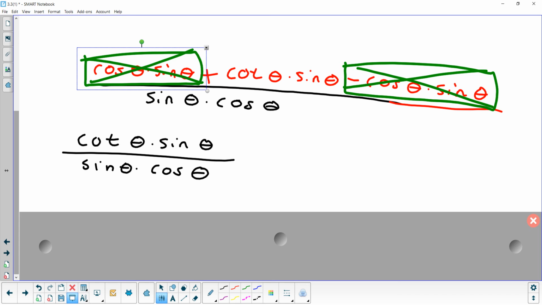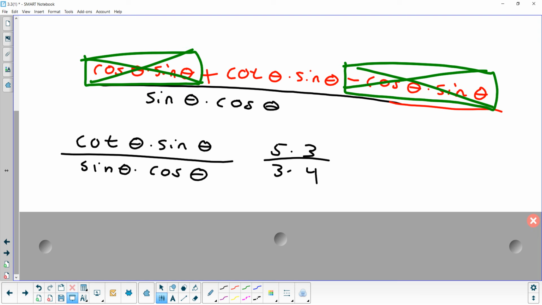If you had addition there, you can't do that. But it's all multiplication. This is like having 5 times 3 over 3 times 4. You have different things on that diagonal, but you have the same things on that other diagonal. They cancel out. So we canceled out 4 things, we just canceled out 2 more things.